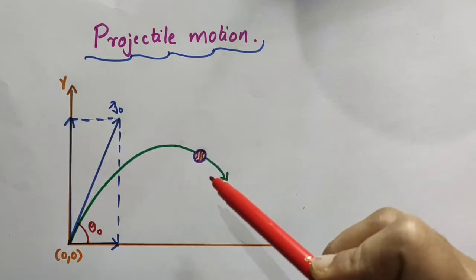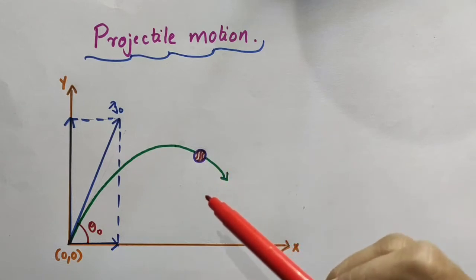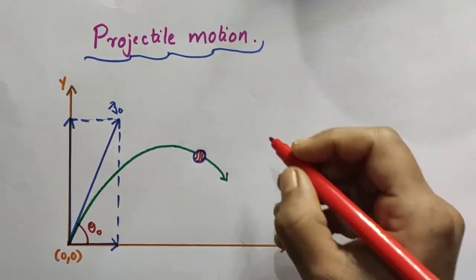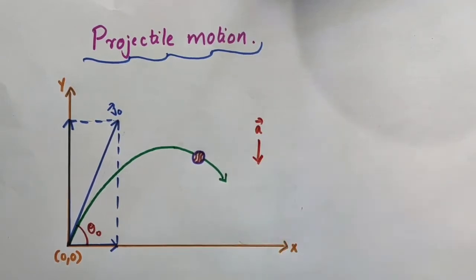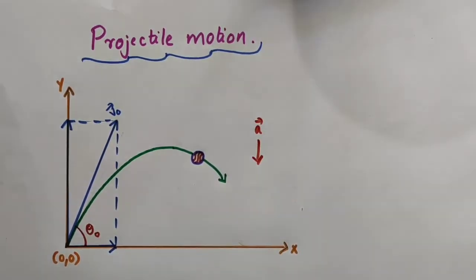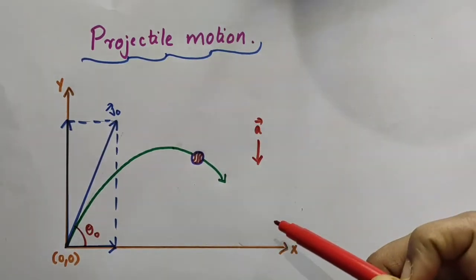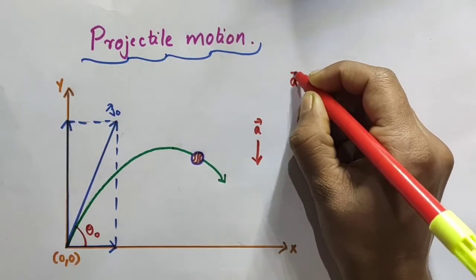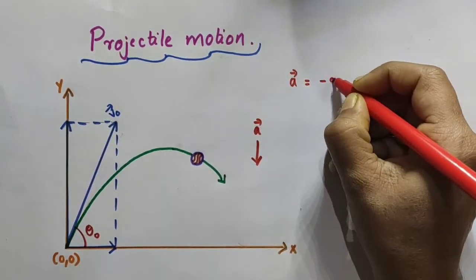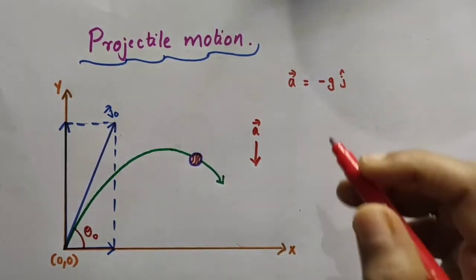So its acceleration will be equal to the acceleration due to gravity, and acceleration due to gravity is directed vertically downward. So we can write the acceleration of the projectile as vector A equal to minus g j cap.